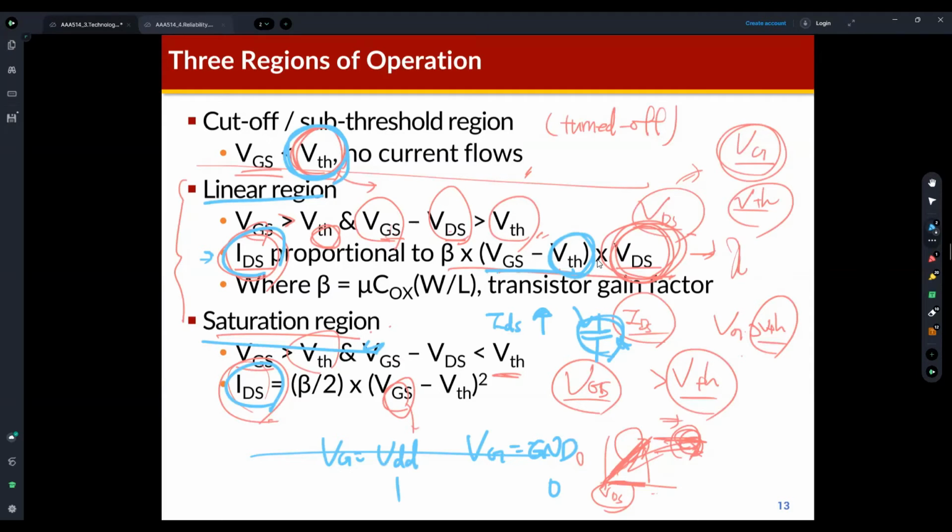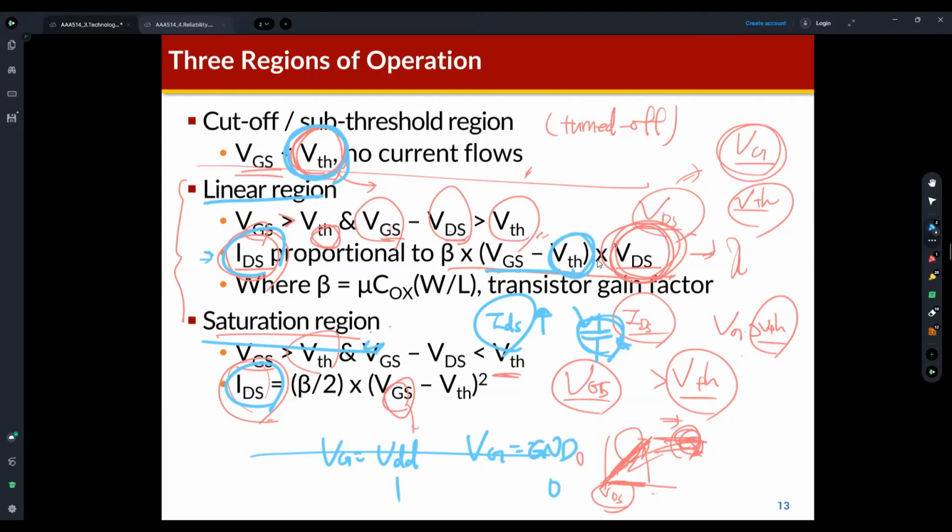Okay, so if this current level is high, this capacitor can be filled very quickly, right? Which means the circuit works very quickly. The state is changing very quickly, which means it works faster.